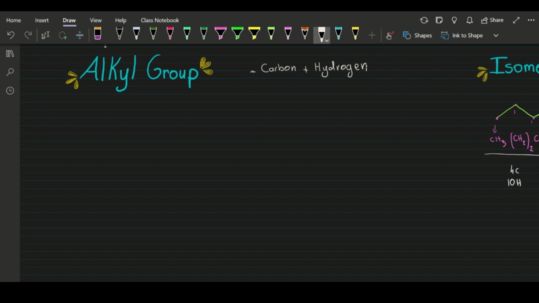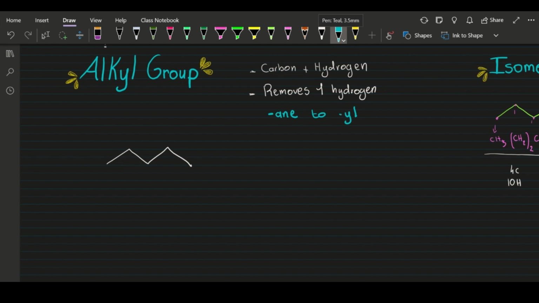Okay, and when an alkyl group is added to a straight chain, like we did earlier, it removes one hydrogen. Okay? And its name goes from -ane at the end to -yl, Y-L.